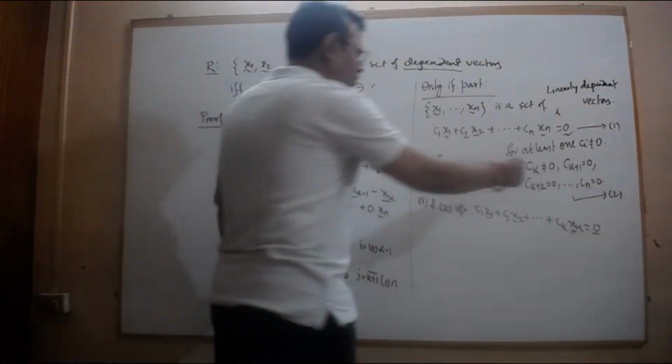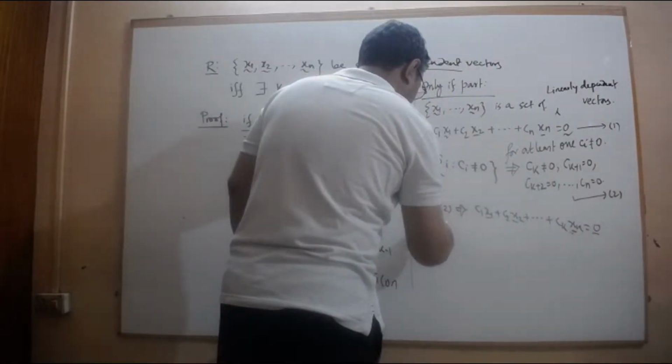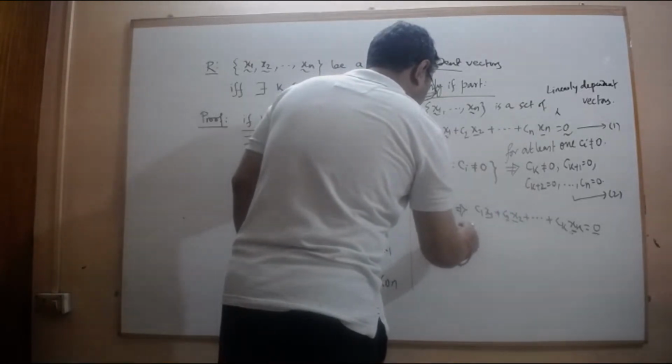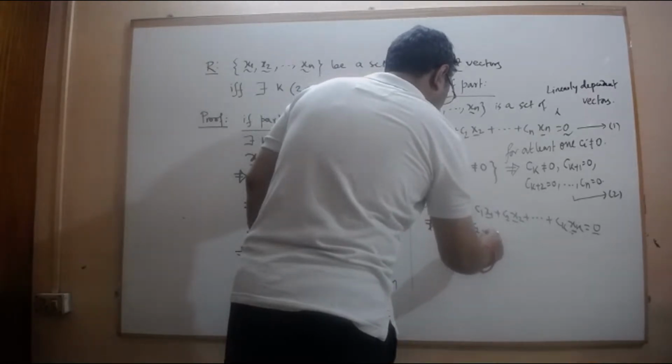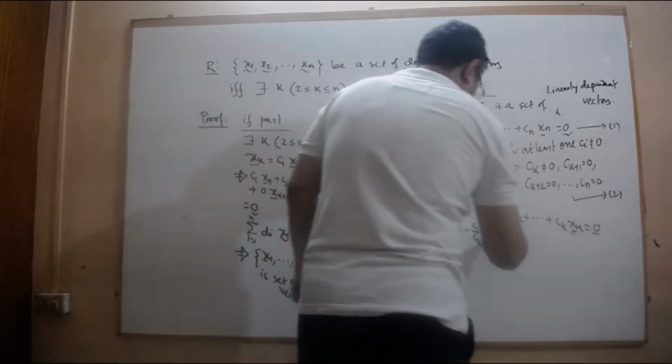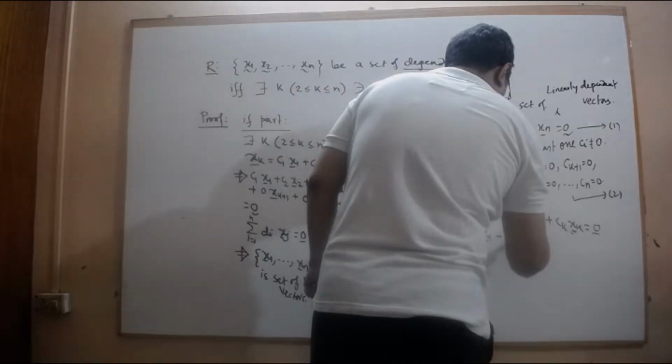Since Ck not equal to 0, that means xk curl equal to minus C1 by Ck x1 curl minus C2 by Ck x2 curl and so on.